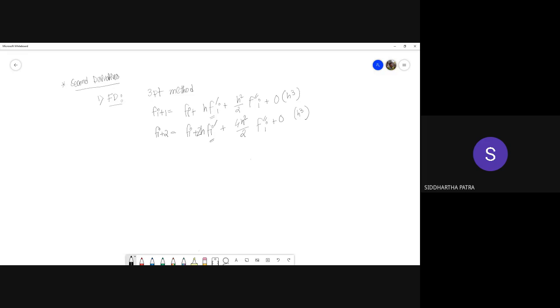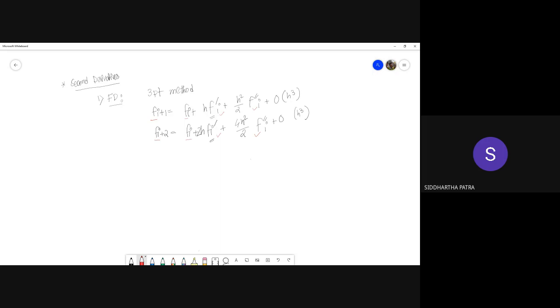Now if you see in these two expressions, it's okay to have more than 2 data points, there are 3 data points, f(i), f(i+1) and f(i+2), but as we discussed earlier, you cannot have more than 1 derivative. Now as you can see, there are 2 derivatives involved in each of these expressions, fi double prime and fi prime.